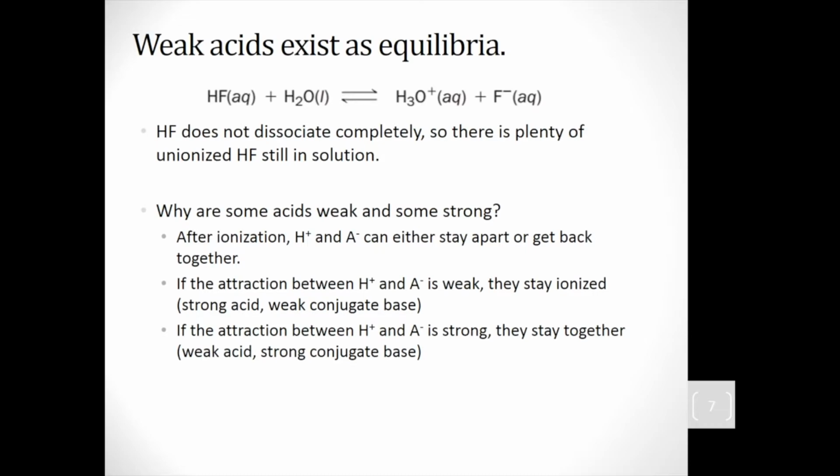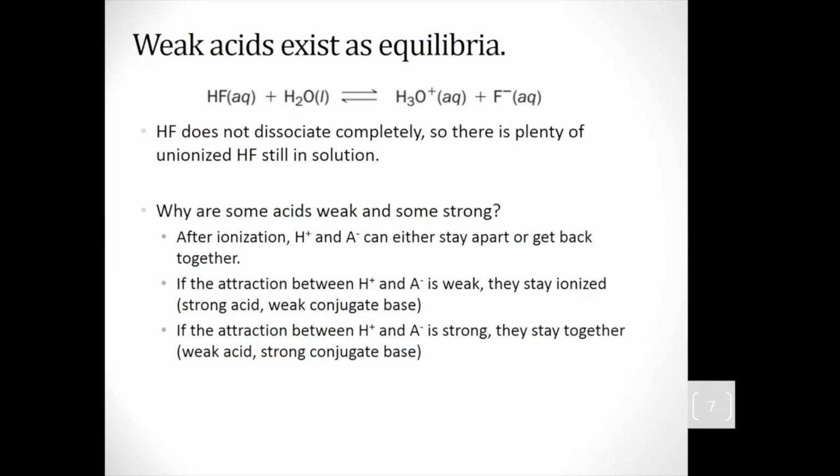And it also means that the conjugate base of that acid is a weak base. If the attraction between H plus and A minus is strong, so if they really want to get back together, they do. So the acid is considered weak. The conjugate base is considered strong.